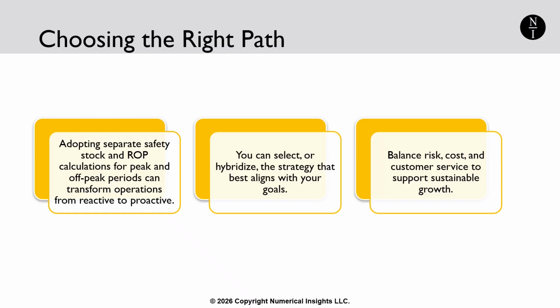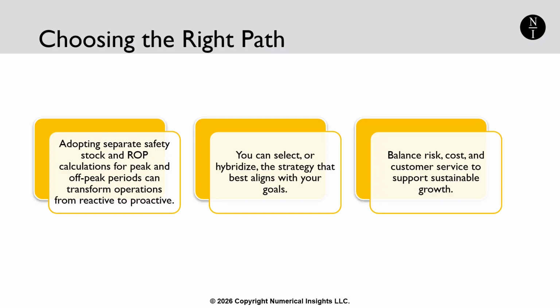For seasonal enterprises focused on inventory optimization, adopting separate safety stock and reorder point calculations for peak and off-peak periods can transform operations from reactive to proactive. While the traditional year-round method provides a solid foundation, it often falls prey to the pitfalls of the demand extremes.